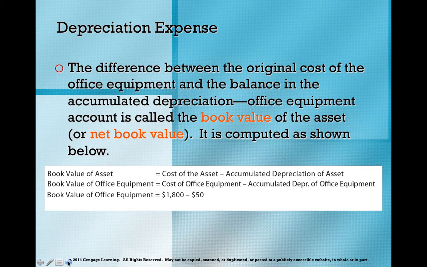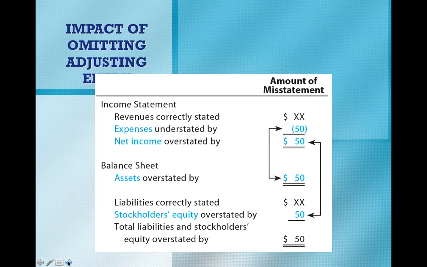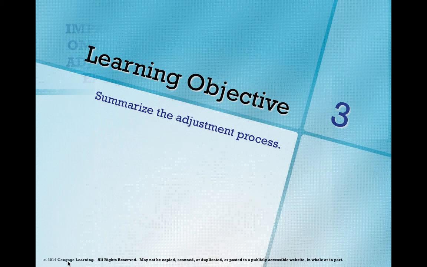Depreciation taken so far is $50. Therefore, book value is $1,750. If we were to omit this entry, expenses would be understated, too low. Therefore, net income would be overstated. Therefore, the balance sheet would be overstated. Therefore, equity would be overstated. So there is a consequence in not recording that.